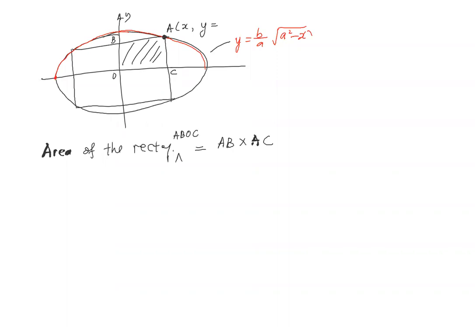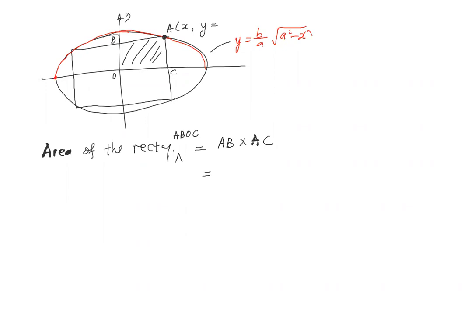Okay, AB times AC. May I know what is the length of AB? Someone left the class already. AB equals OC.